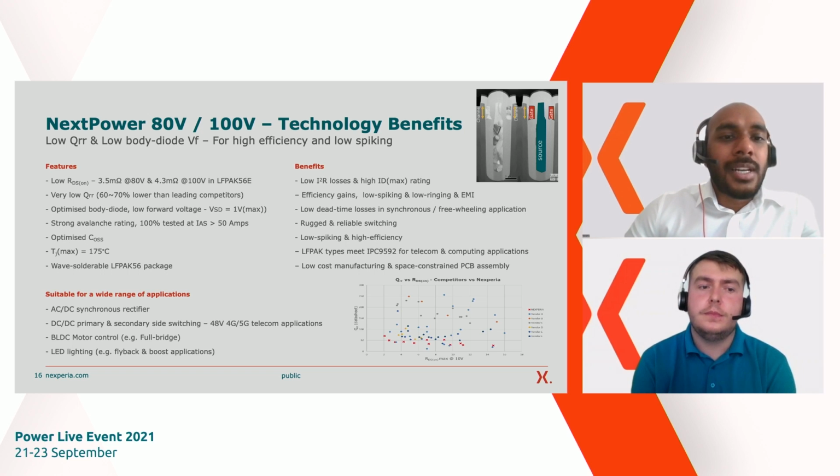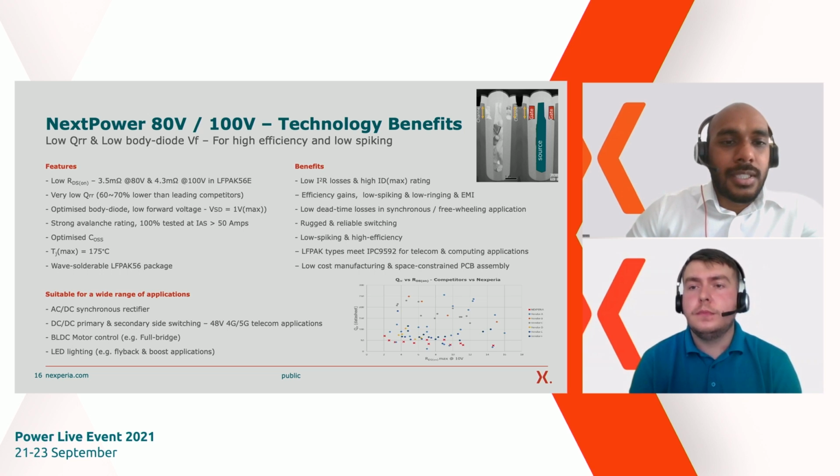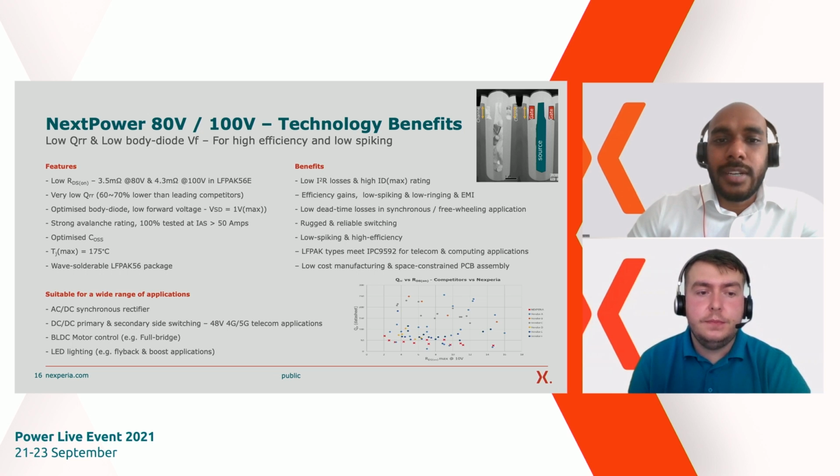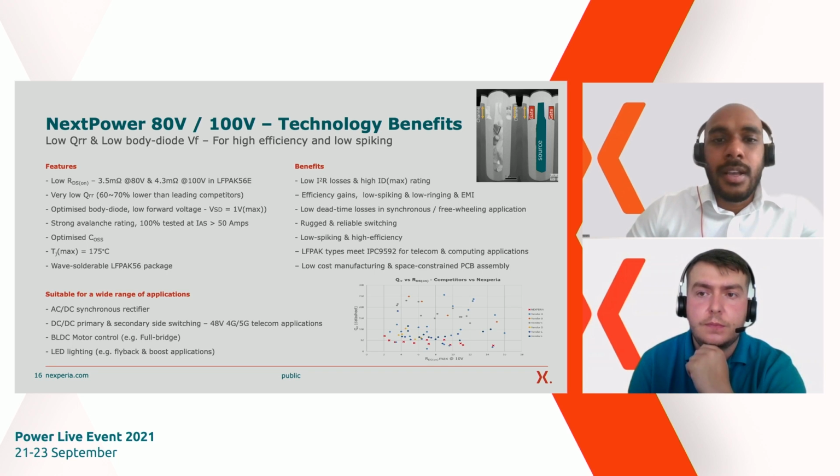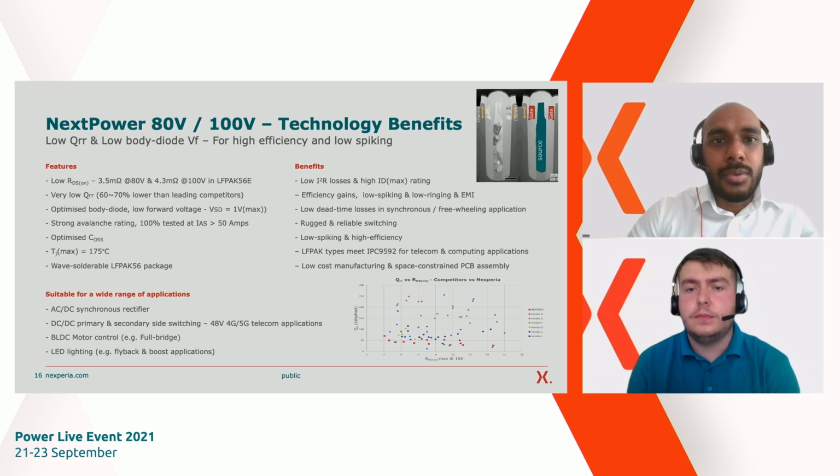Now, the typical applications that we are targeting with this portfolio are AC-DC synchronous rectifier applications, DC-DC primary side and secondary side switching, especially in the 4G and 5G telecom space, and BLDC motor control, of course, and LED lighting. With this, I would like to conclude our session.